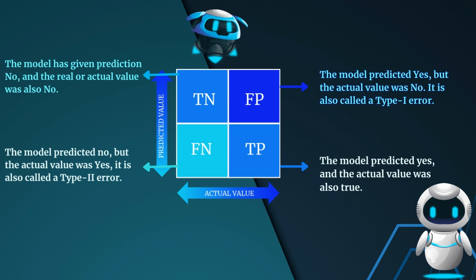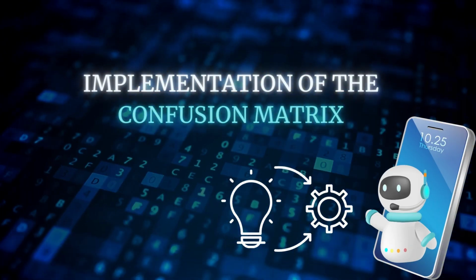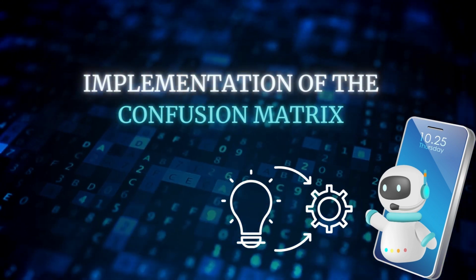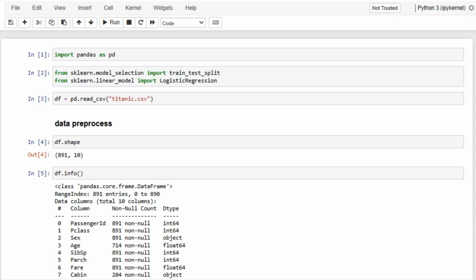Now let's see how we can implement a confusion matrix with an example. Here is my Jupyter notebook. If you remember, we already performed logistic regression. I already made a separate video on how you can implement logistic regression, and I am implementing the confusion matrix in that same notebook.